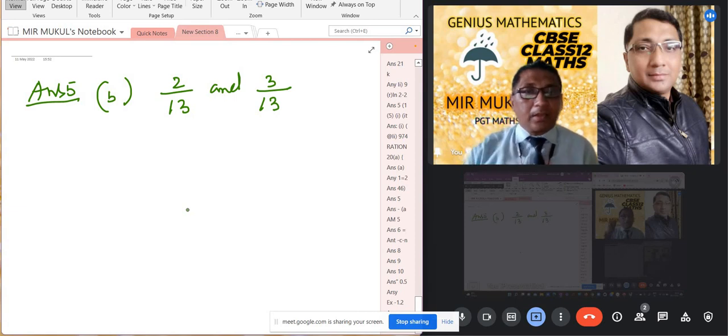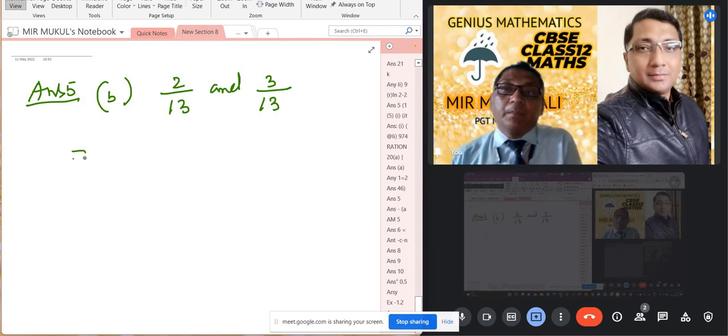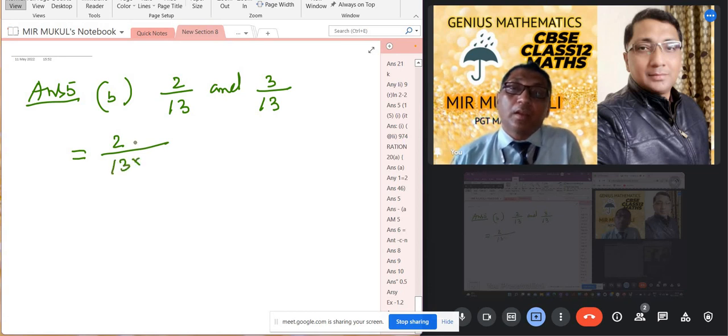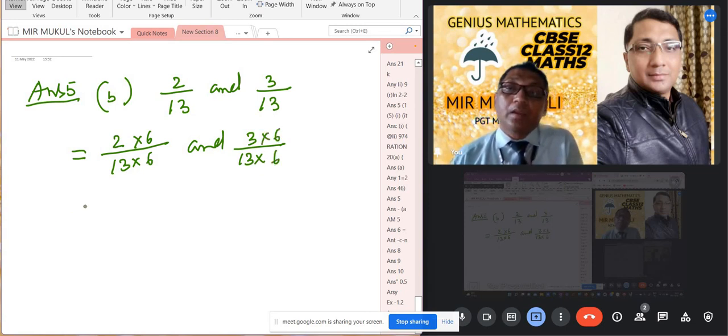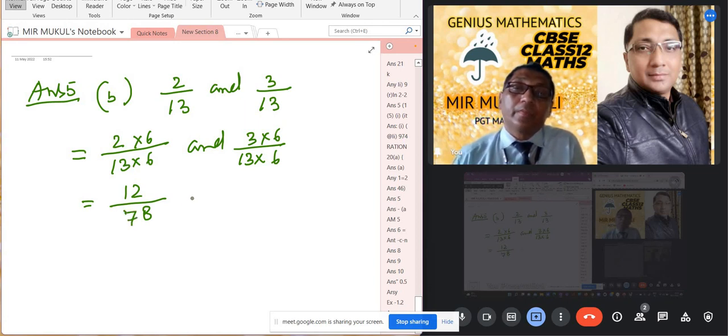Because we know that between two rational numbers there exist infinitely many rational numbers. So here I am multiplying by 6. 2 by 13 becomes 12 by 78, and 3 by 13 by 6 becomes 18 by 78.